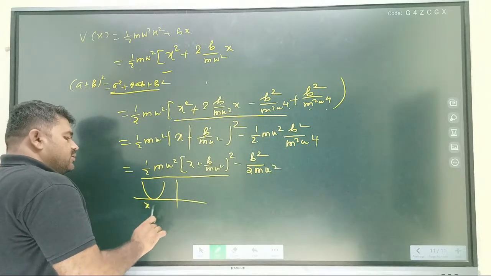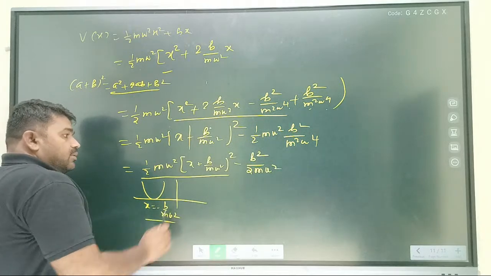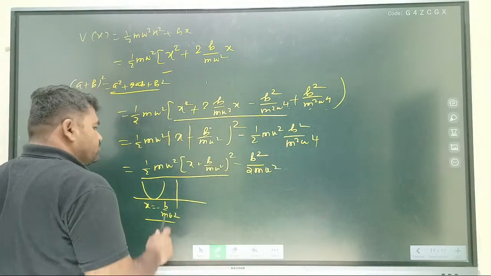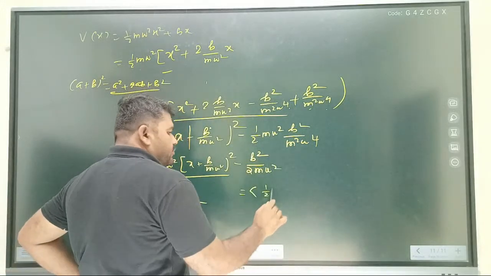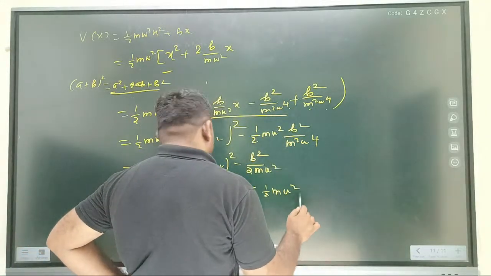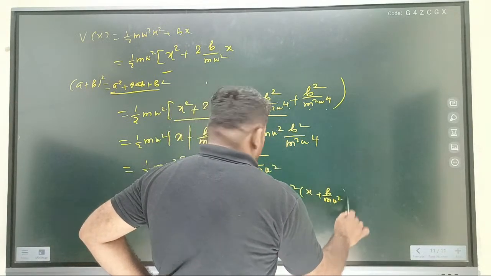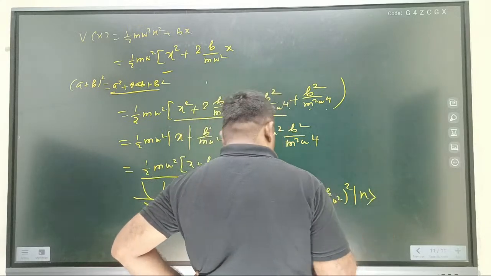What is the center here? This is equal to minus b upon m omega square. Clear? मतलब what is the expectation of this one? Expectation of this is nothing but n plus 1 by 2 h cross omega. Okay? Expectation of 1 by 2 m omega square x plus b upon m omega square bracket square, okay, m n.